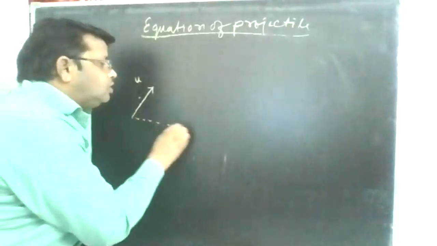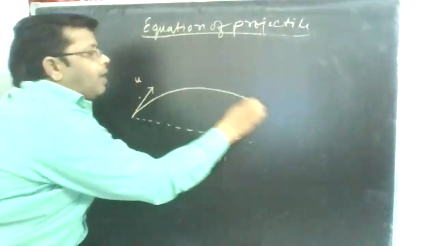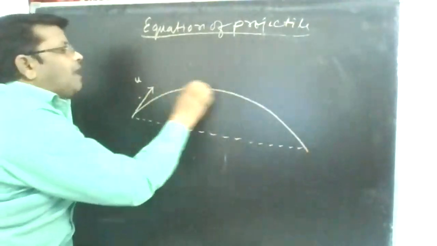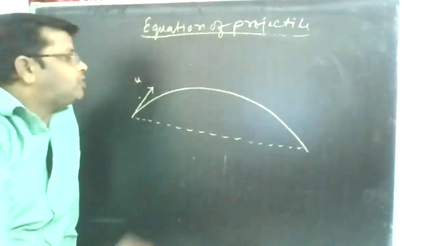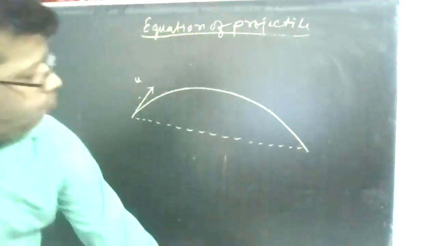What is u? u is the initial velocity of projection. But you know, this is the surface of the Earth. So the body will move in a parabolic path, and this path is called a parabola. We will derive the equation of this parabolic path.